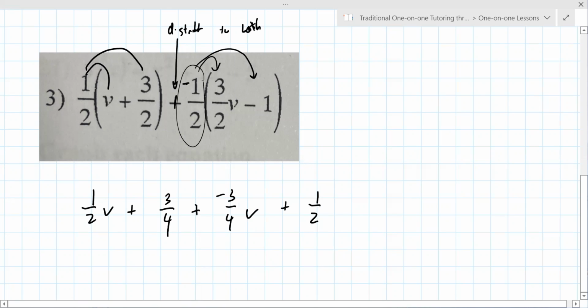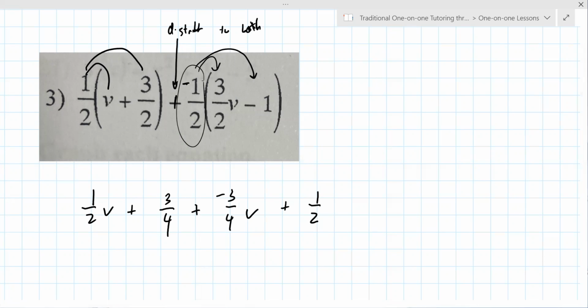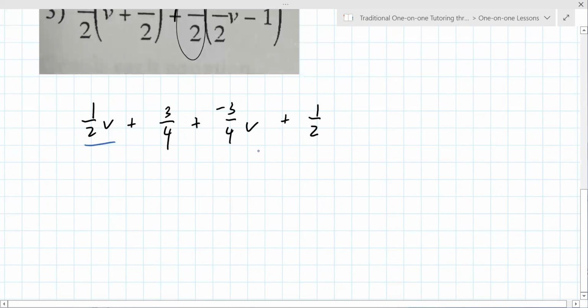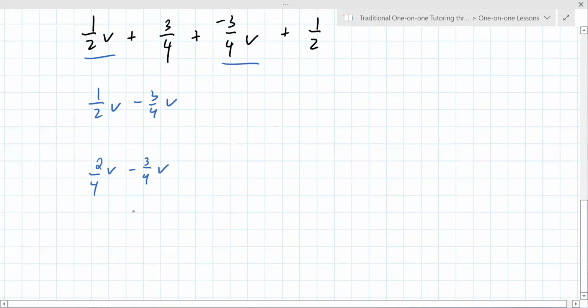And then again, you just combine like terms here. So a little more complicated with the fractions. I mean, it's not that bad, but it could pose a little bit of issues here. So it's 1/2 v minus 3/4 v. So your common denominator is 4, 2/4 v minus 3/4 v. You can see that becomes minus 1/4 v.